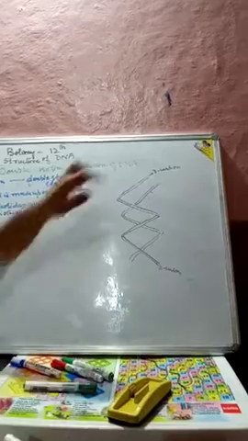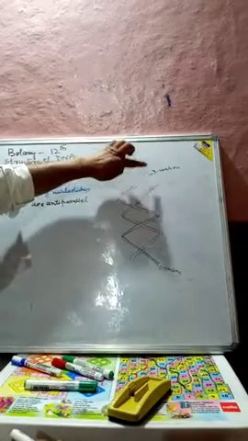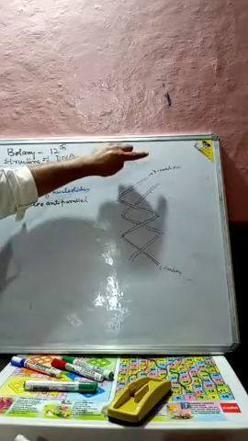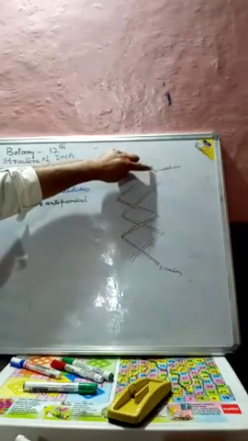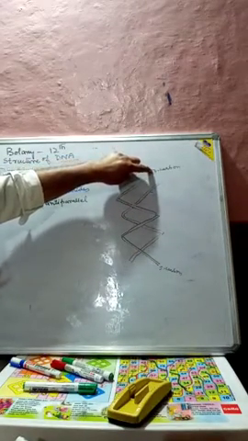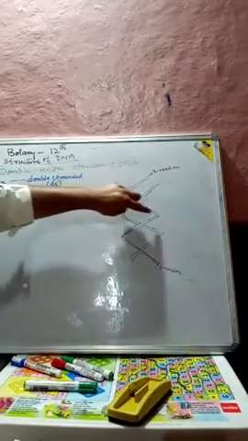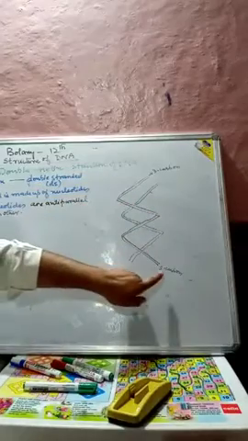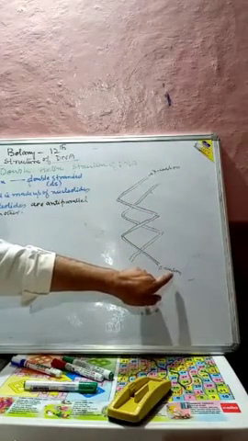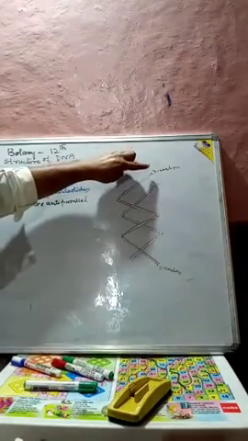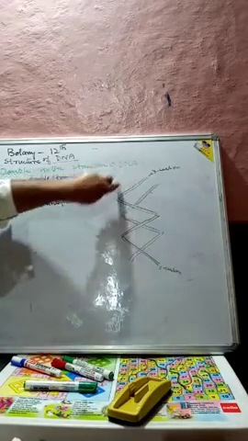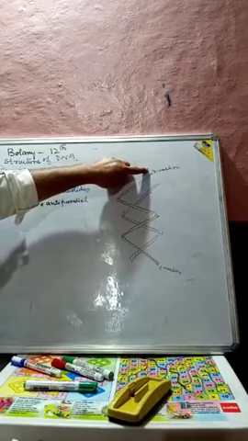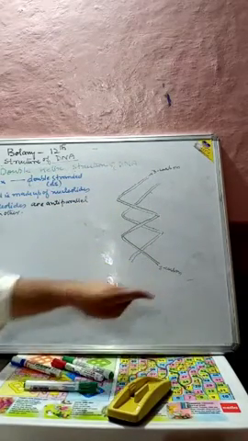If in one strand the third carbon is free at one end, and at the other end of the same strand the 5 carbon is free, we call it 3 prime and 5 prime, or the 3 and 5 end.